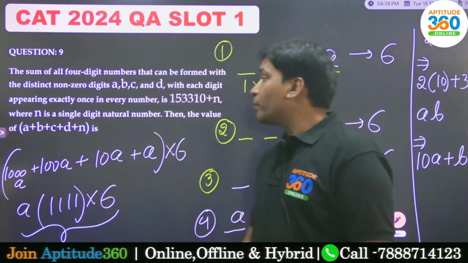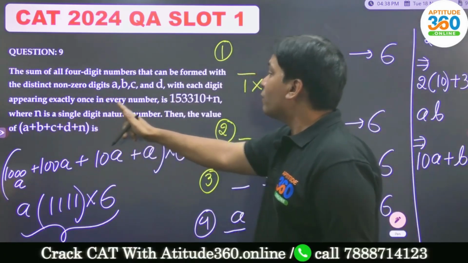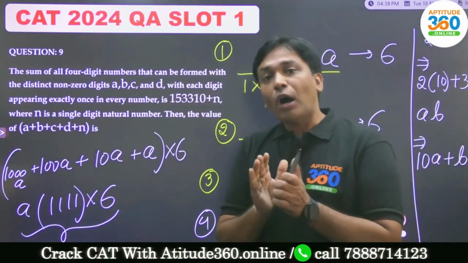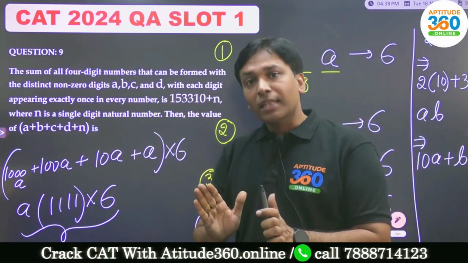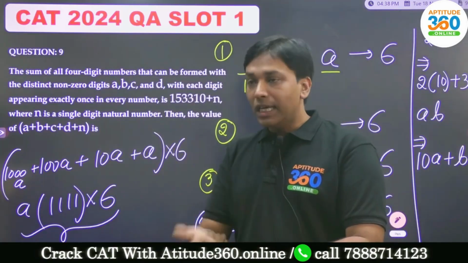So that is going to be the sum over all the digits. Now what did we do? We found out only for A. The same will happen for B, and then for C, and then for D, right?